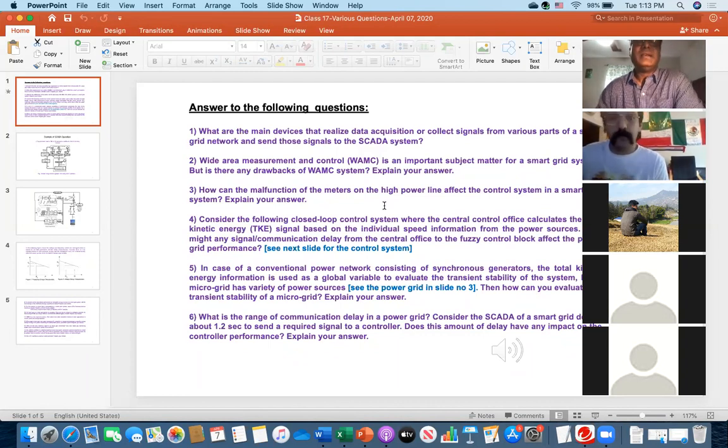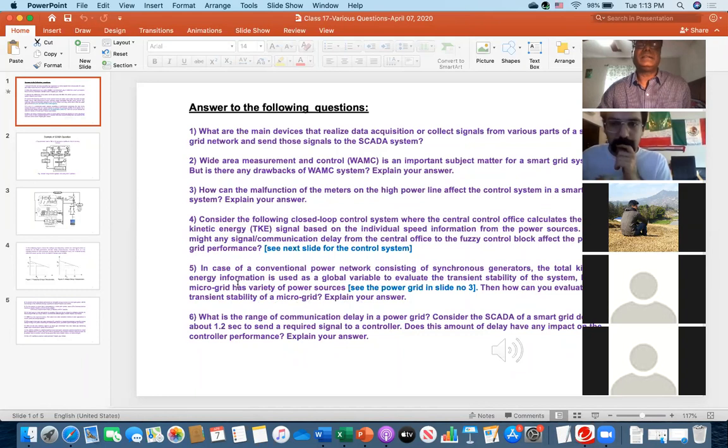Okay, so moving forward, everybody see the next question. Consider the following closed loop control system. I am showing the picture in the next slide, where the central control office calculates the total kinetic energy, TKE signal, based on the individual speed information from the power sources.